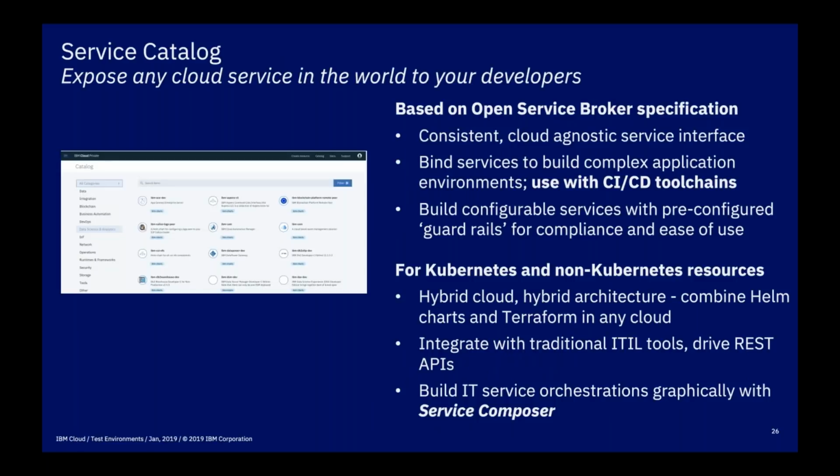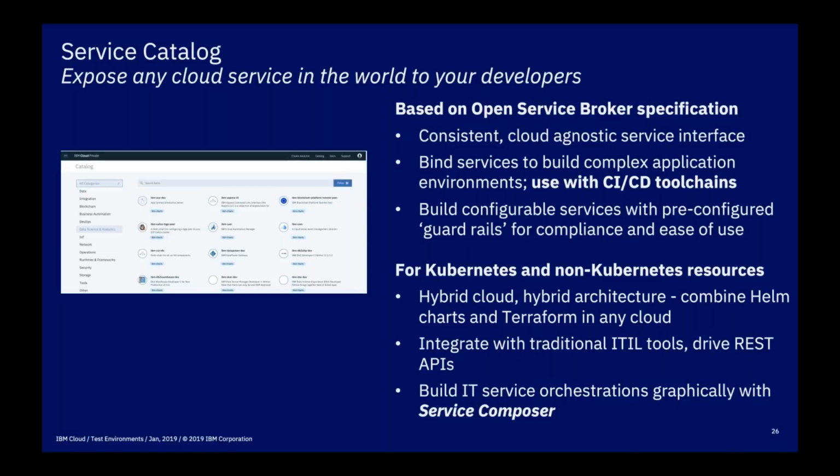What are some other components you should expect having in a cloud management catalog or a cloud management platform? Another is a service catalog. You should have a service catalog that is rich with pre-populated, pre-built content and the ability to be easily extended. Open Service Broker is a great spec to build a service catalog out of.